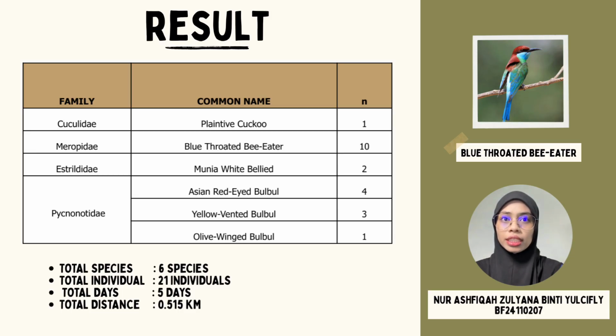In contrast, the plaintive cuckoo and olive-winged bulbul were the least recorded species with only 1 individual each. Overall, these findings show that the study area supports several bird species with different levels of abundance.